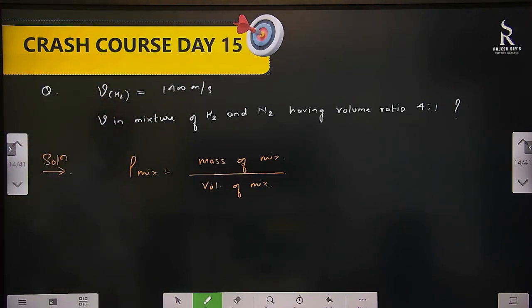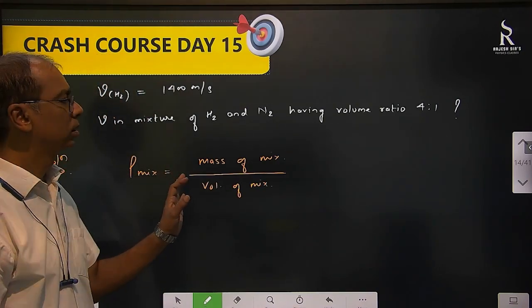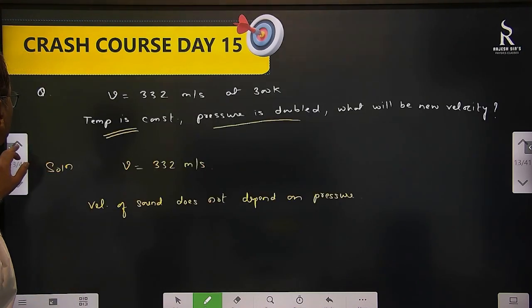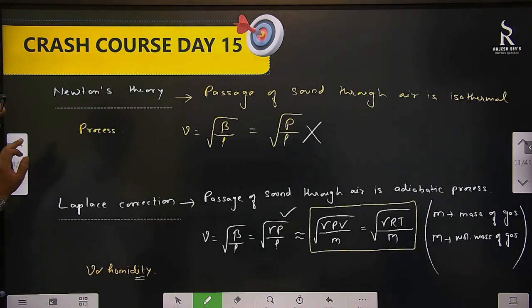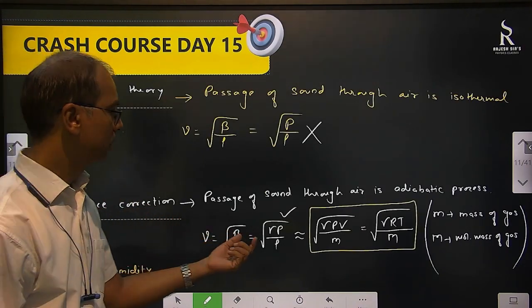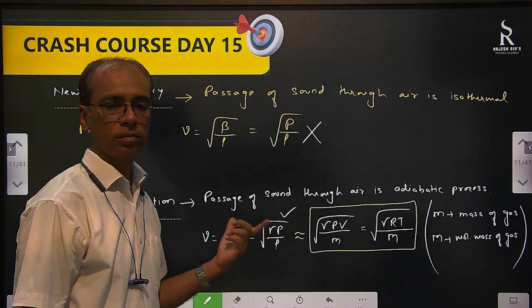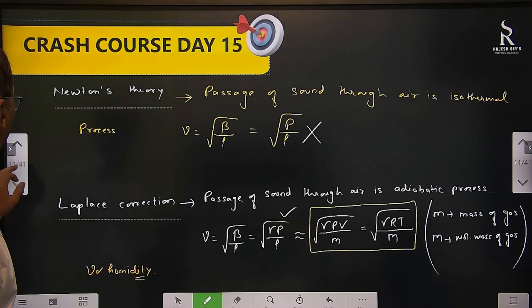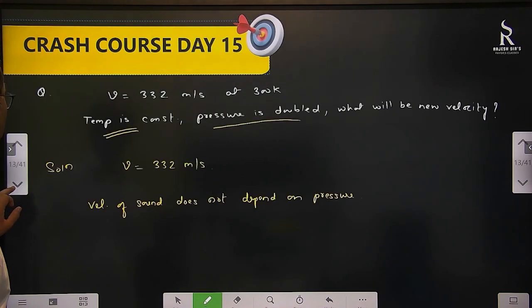So it means we have to go for which ratio, which formula, which is related with density. Which formula is that? This one. That is gamma P by rho, and obviously the pressure here is not being changed.